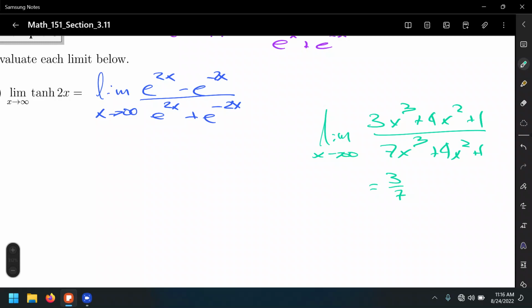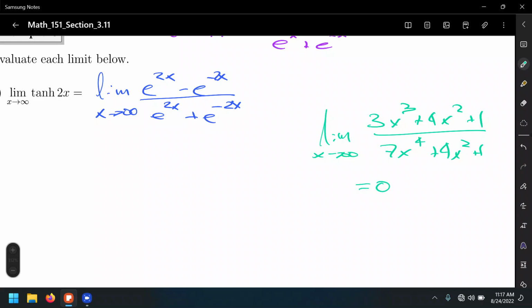Rule number 2, when the degree of the denominator is larger than the degree of the numerator, let me change this to 4, for example, the limit here is 0, because you have a larger quantity in the denominator, and recall that when you divide by a really big number, you get a smaller number. How small? Basically to nothing, which is 0.